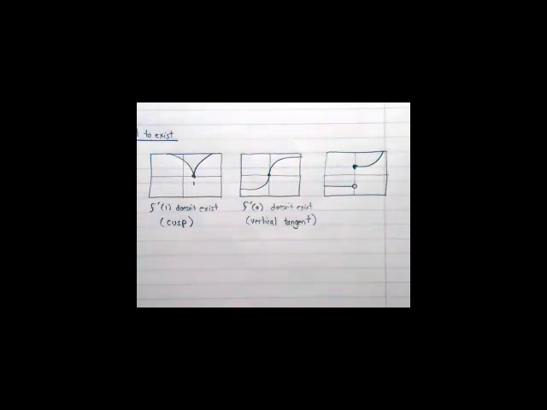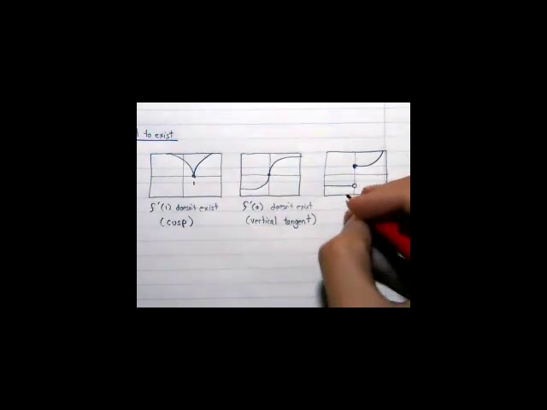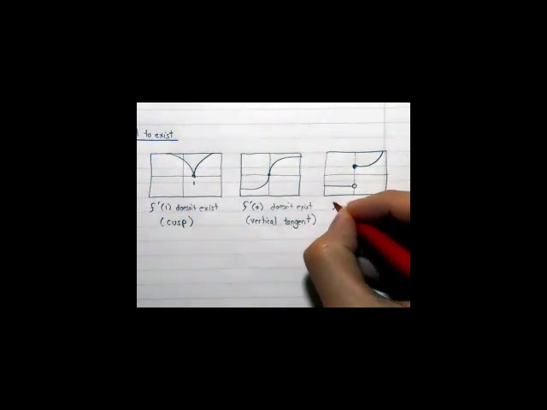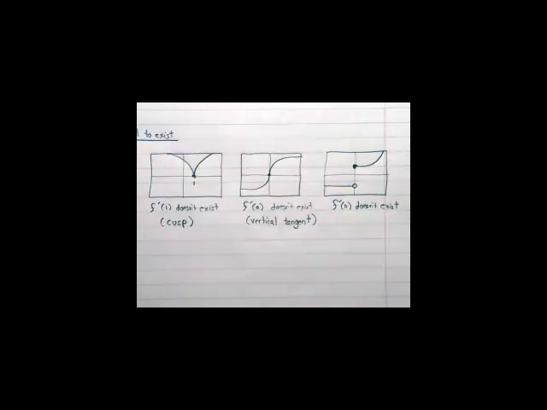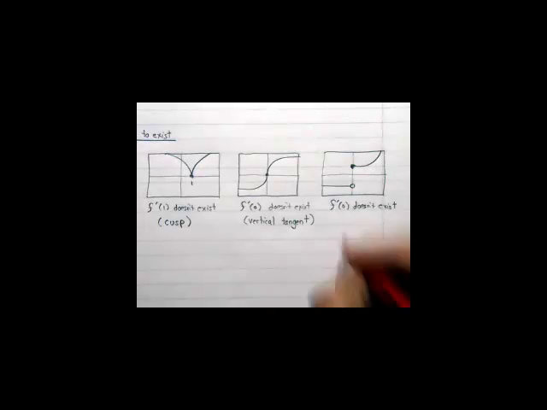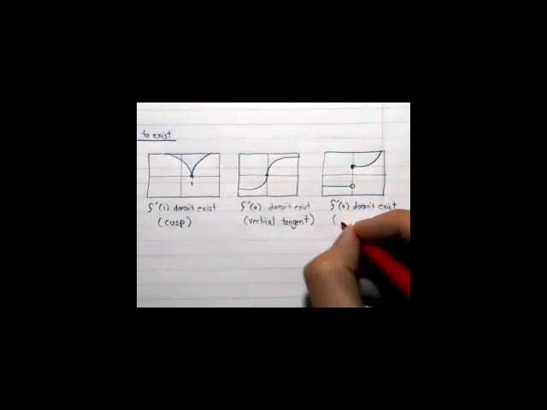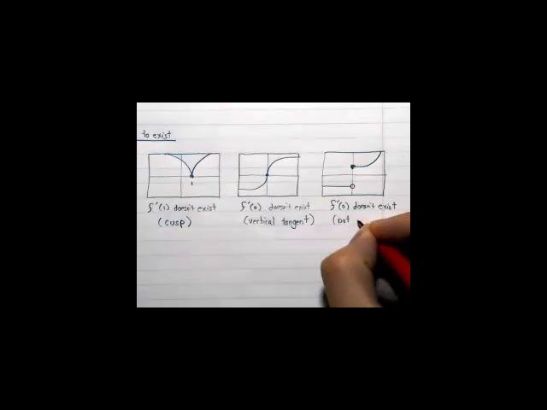So at 0 in this case, it can't happen. To be differentiable, a function has to be nice and smooth and connected all the way through. If you want every point to be differentiable, it has to be nice and smooth and connected. So any kind of discontinuity doesn't work. In this case, f prime of 0 doesn't exist, and that's because it is not continuous.